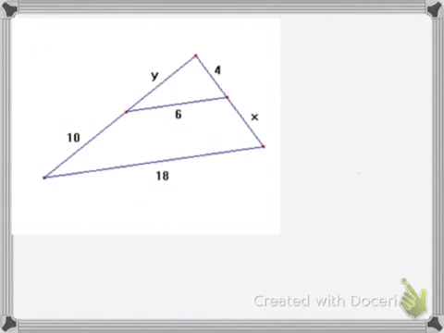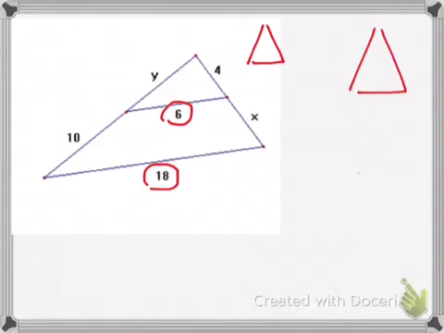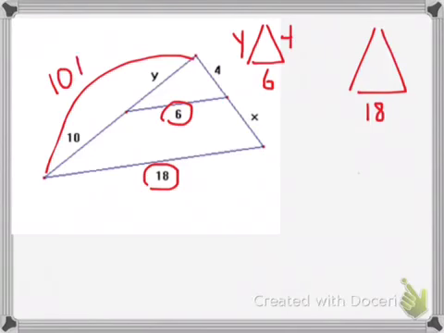I want to do the same thing here. I know my corresponding sides are 6 and 18. It might help if I draw my small triangle and my large triangle. So my small triangle, I have Y, I have 4, and I have 6. And in my large triangle, I know I have 18 on the bottom. This side right here is 10 plus Y. So that goes over here.